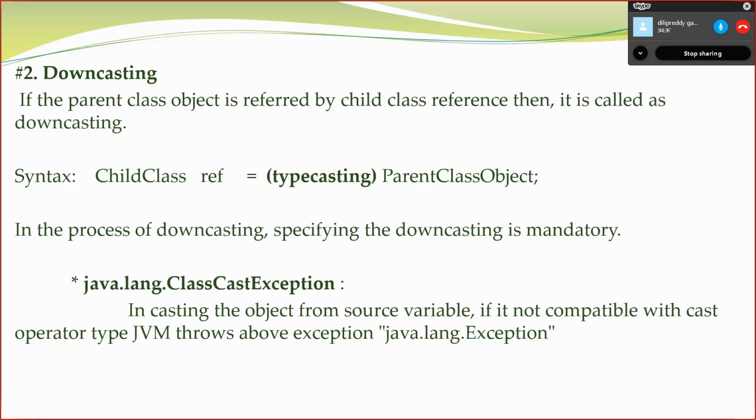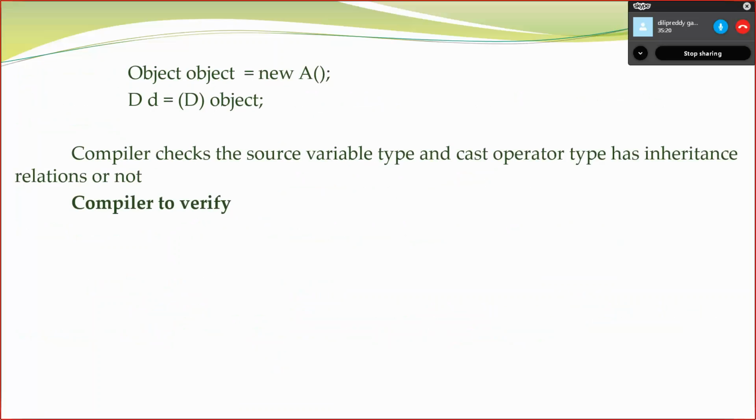The compiler will check the relationship first, then check whether the object types match, and then do the typecasting. These are all similar to our primitive types.